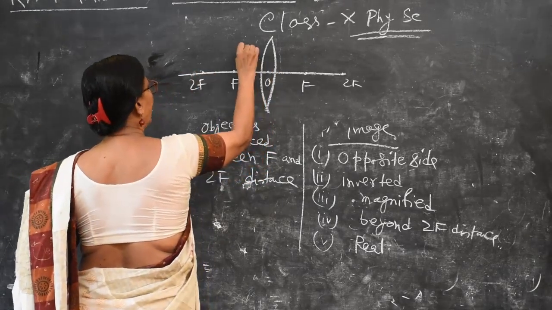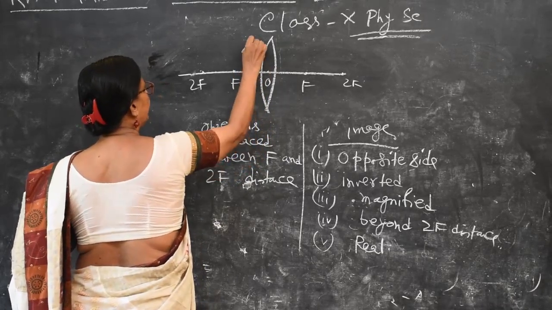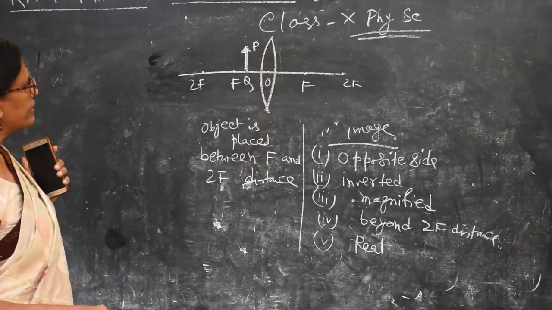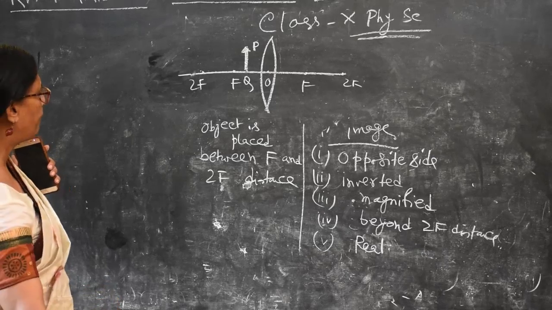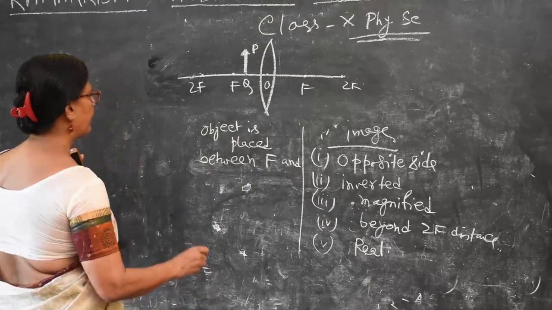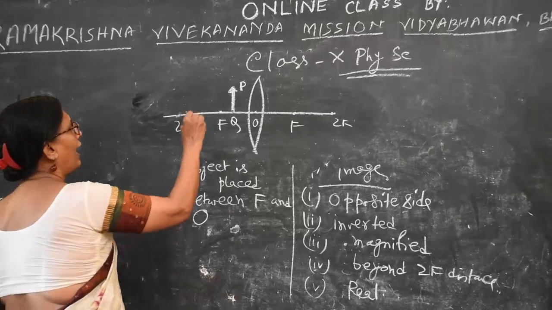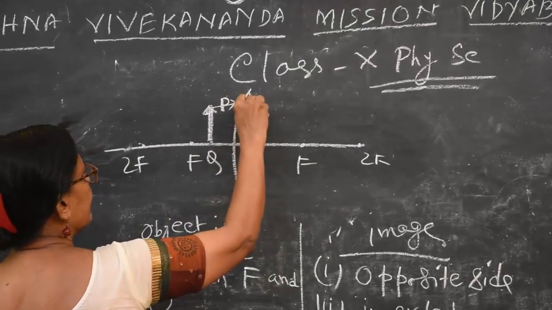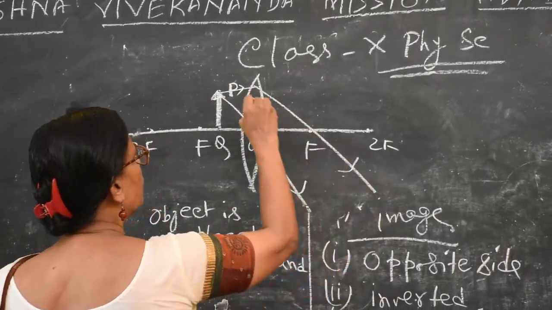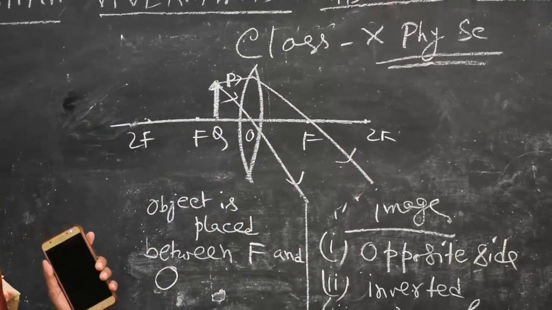Now if the object is placed in between F and O, be very cautious. Again I tell this: P must not overcome the tip of the lens. PQ is here. The object is placed between F and O. Then one line, parallel to the principal axis, comes to the lens, and another goes through O. Please see, these two cannot intersect because they are divergent lines.